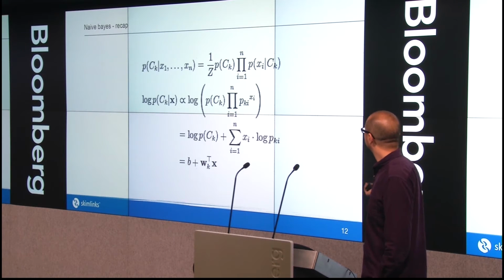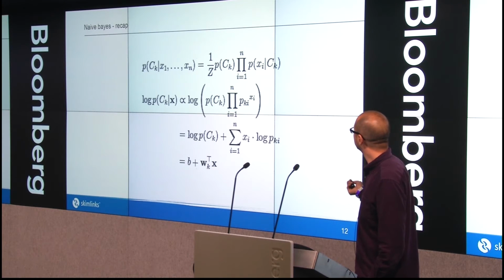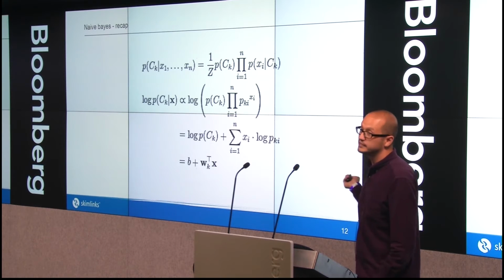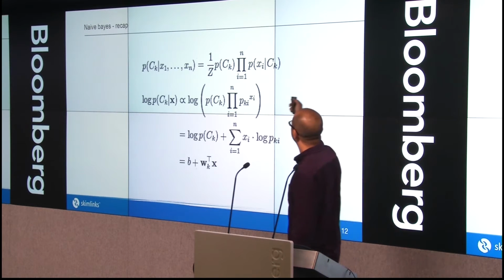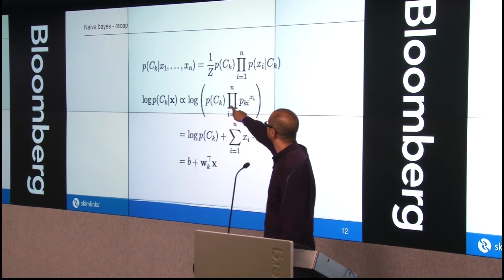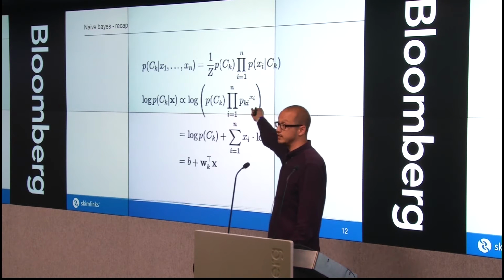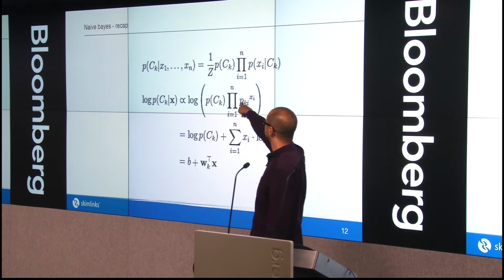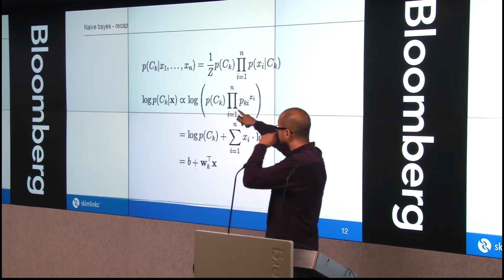So I'm just going to recap naive Bayes. This is a simple application of Bayes rule. You have a sequence of features, in our case numbers, which are the x's, and a class, which is the c.